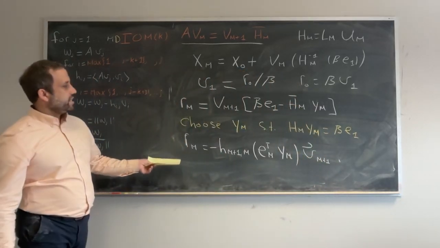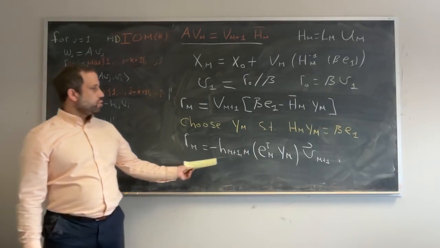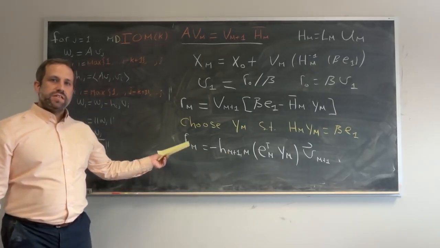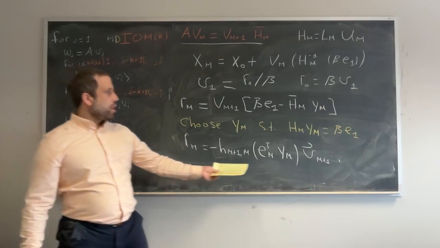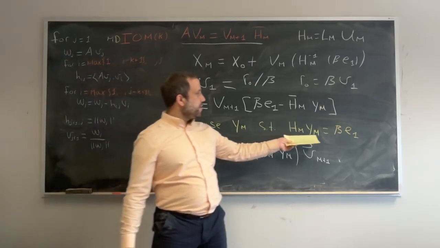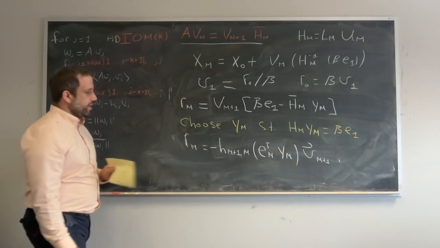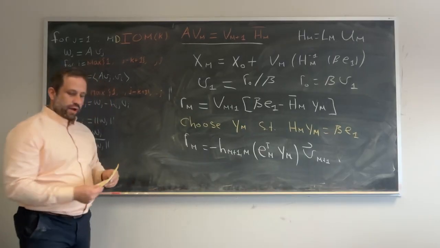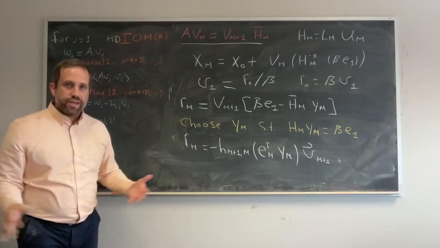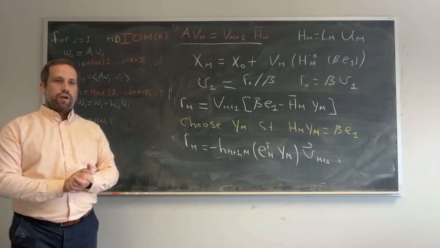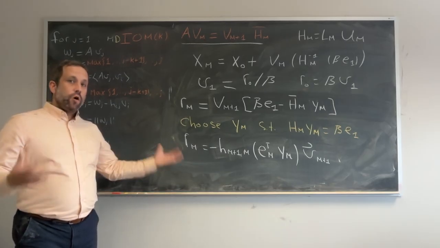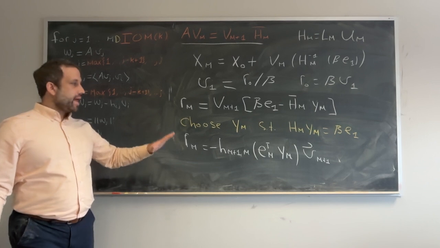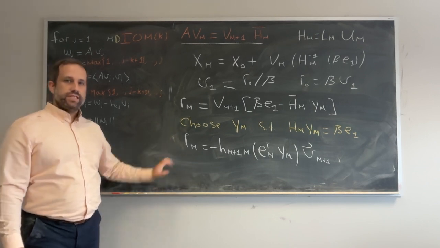And this is the identity that we need to have the residual in this formula right here. This is the identity that we need for this projection to make sense. And it's all because, if H_m y_m is equal to beta e1, then we get this formula for the residual right here, which is the thing that we needed for the analysis of the IOM algorithm to work, or that we needed for the analysis of the FOM algorithm to work. And so that same analysis we can just plug in with this as the residual.